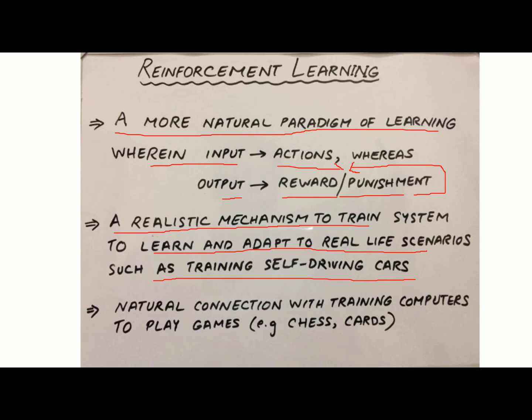And it also finds a natural connection with training computers to play games such as chess and cards. So in some sense, reinforcement learning encapsulates the true spirit of the learning that we human beings are familiar with. And in that sense, it adequately captures a wide range of problems that we encounter in real-life machine learning problems.